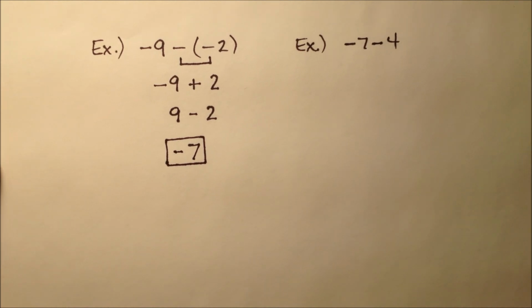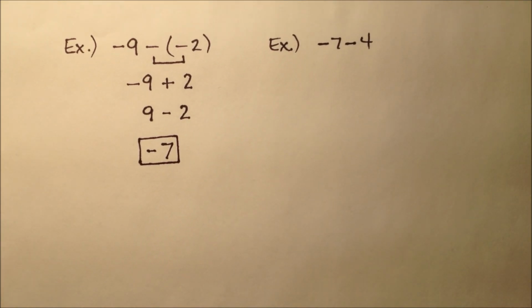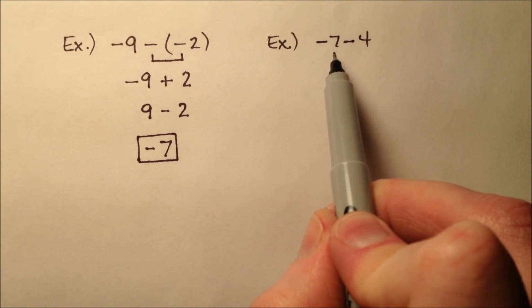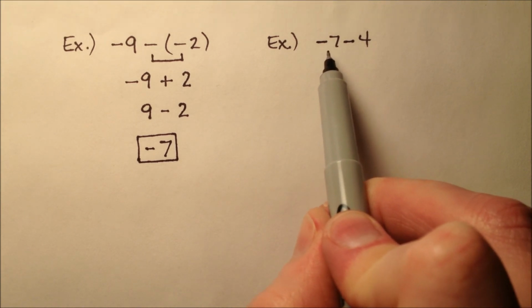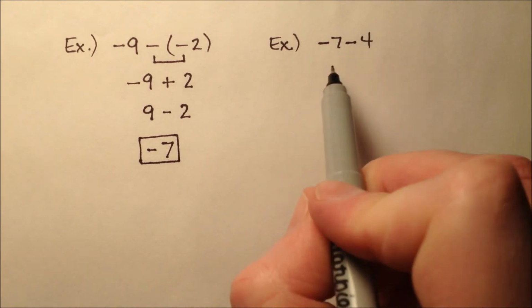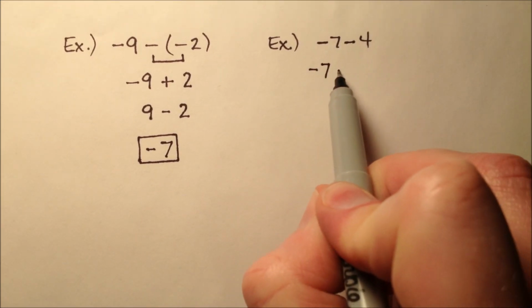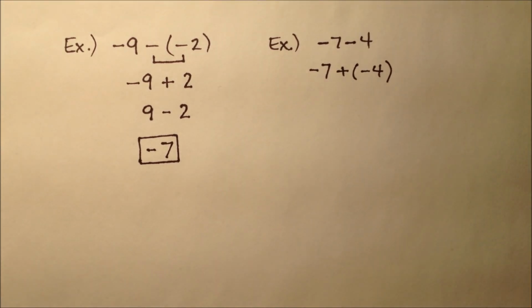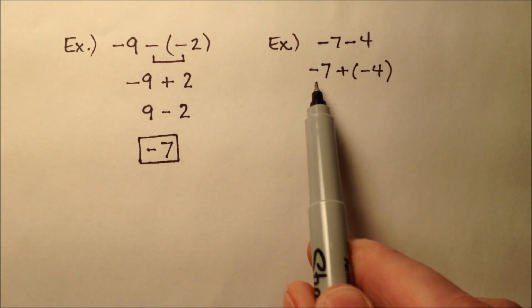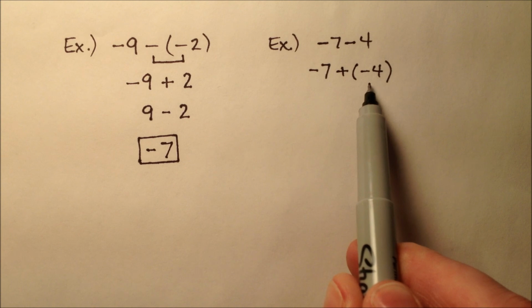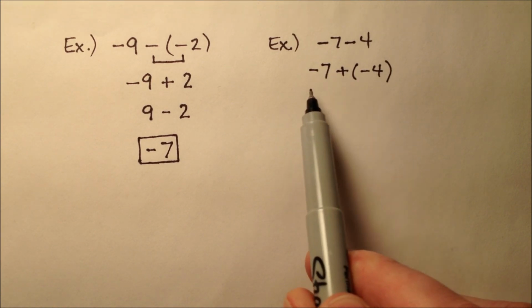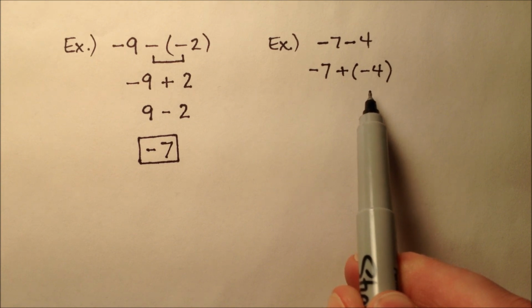Our final example is negative 7 minus 4. Remember, I can always look at this as a negative 7 and a negative 4, and what I'm doing is adding these together. So I'm going to rewrite this problem into an addition problem. Now I have a negative 7 plus a negative 4. And when I have signs that are the same, I'm going to add them up.